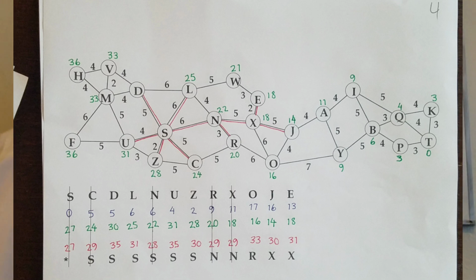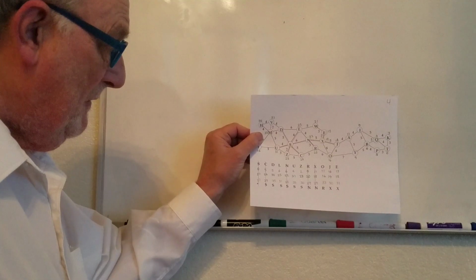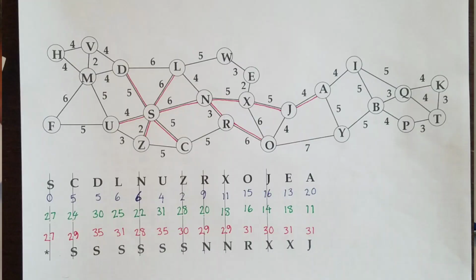And those nodes were C, R, and X. And then we inserted the new nodes that we could obtain from them, which are O, J, and E. And again, we fill in the rows: the name of the node, O, J, E, and at the bottom, the back pointer, and then the value, the heuristic, and the estimate.